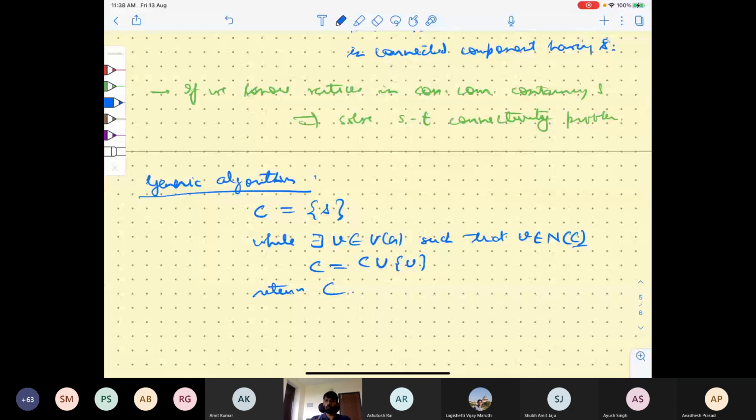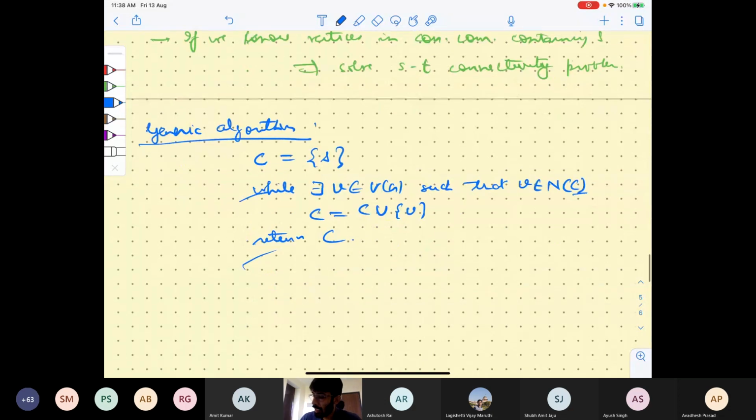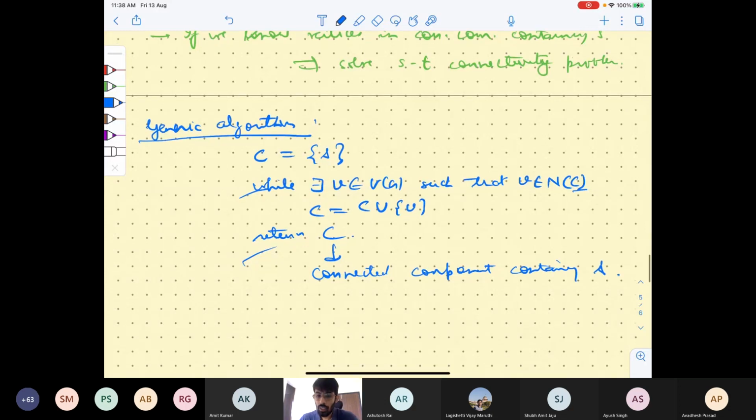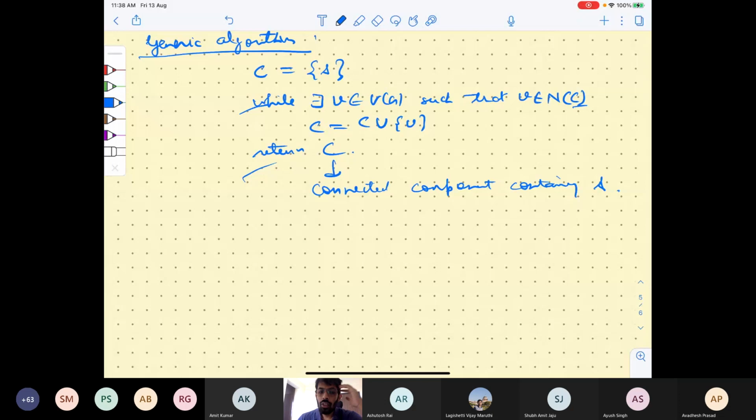And when we finish up with all the vertices, when the while loop finishes, we get out of the while loop and return that current C. And this will give the connected component containing S. Okay, good. So now the question is that, okay, this is one way, but this is not a very precise algorithm. This just says if there exists V, but we need some ordering, right?